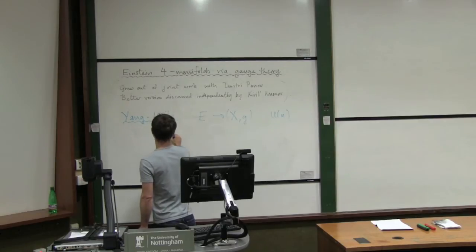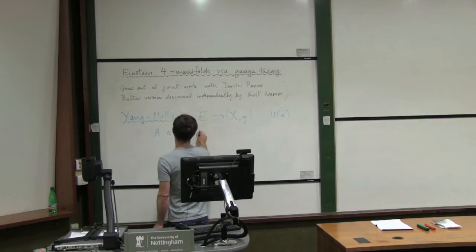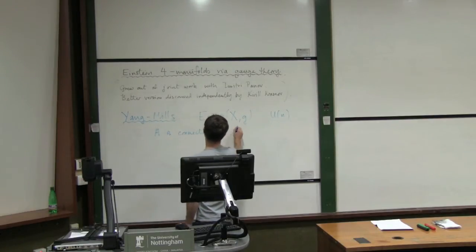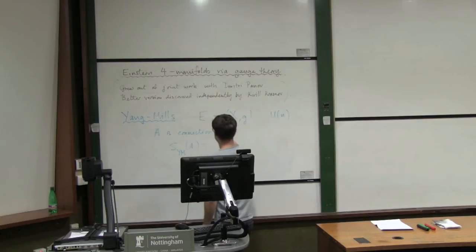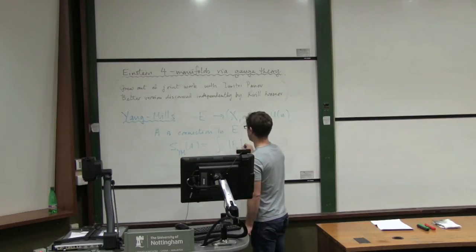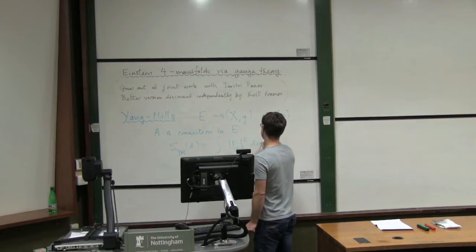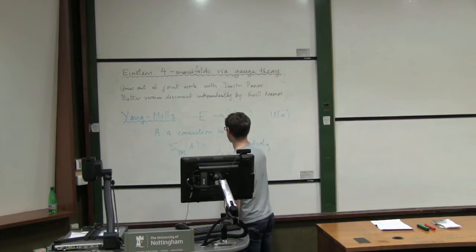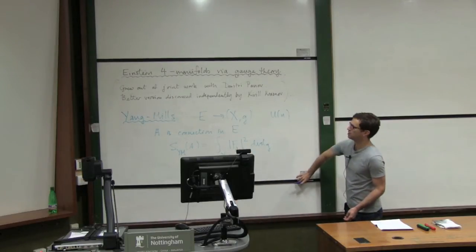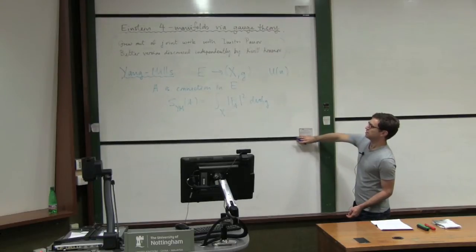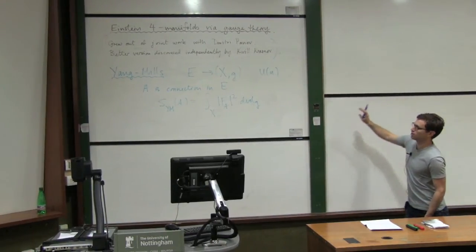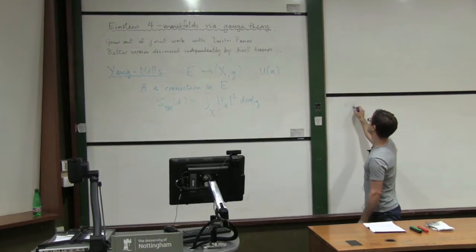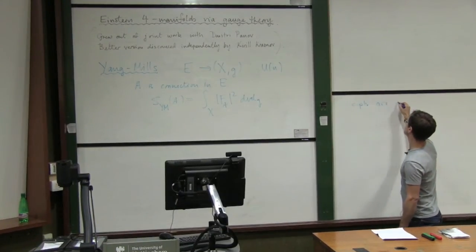So A is a compatible connection in E. And you're interested in the Yang-Mills energy or action, which is just the L2 norm of the curvature of A over the whole of X. This is an interesting action that you might consider, which you can then look at the critical points. So the critical points are the Yang-Mills equations.